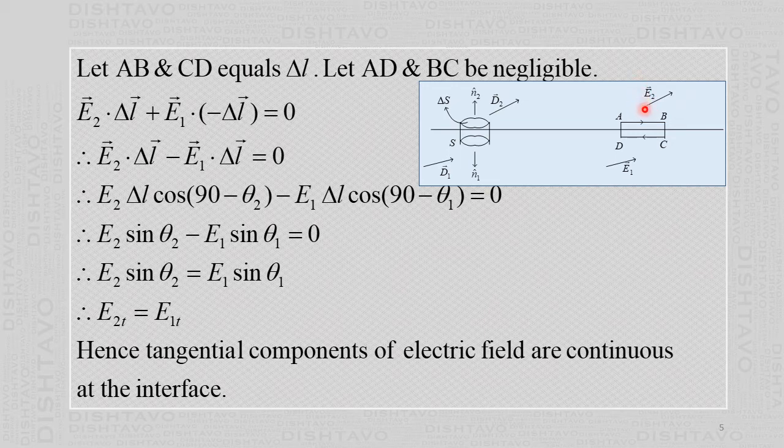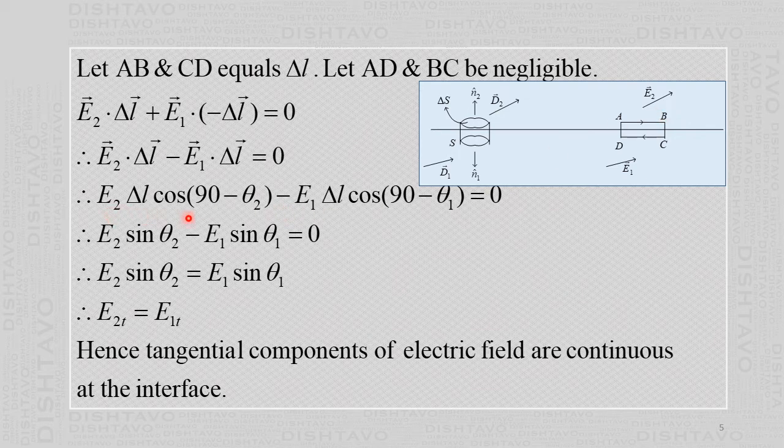That means it will make angle 90 minus theta 2 in the direction of delta L, that is AB. So this is theta 2, and this will be 90 minus theta 2. So when you take a dot product, the angle between E2 and delta L is 90 minus theta 2, because theta 2 is the angle made by E2 with the normal. So the angle made by E2 with this horizontal direction is 90 minus theta 2.